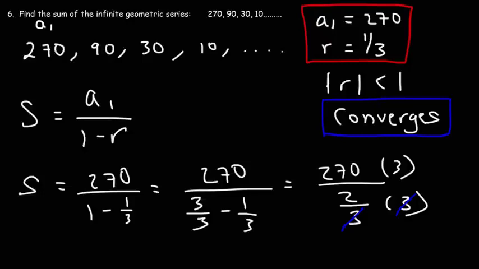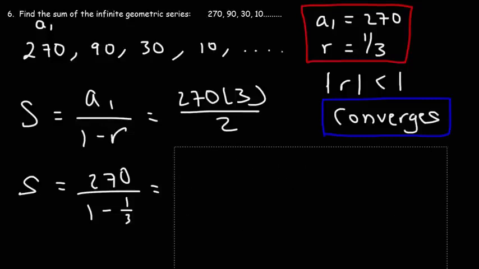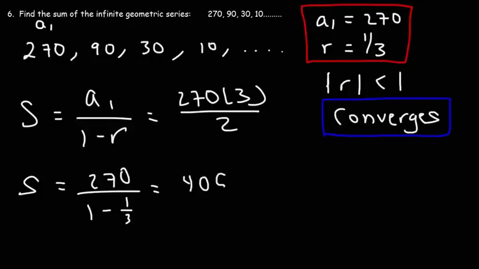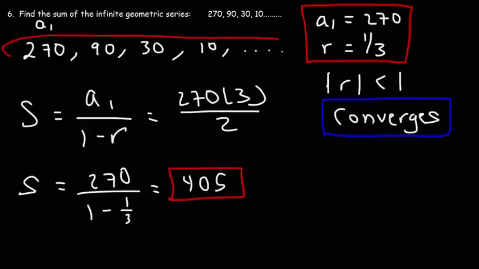These 3's will cancel. So it's going to be 270 times 3 divided by 2. 270 divided by 2 is 135. 135 times 3, that's going to be 405. So that is the sum of this infinite geometric series.